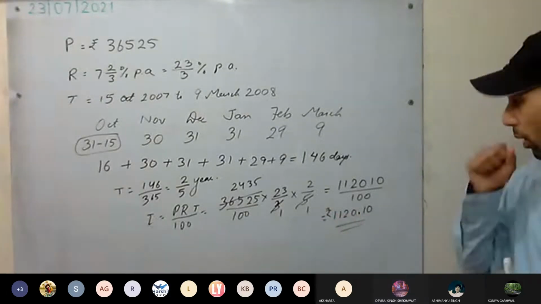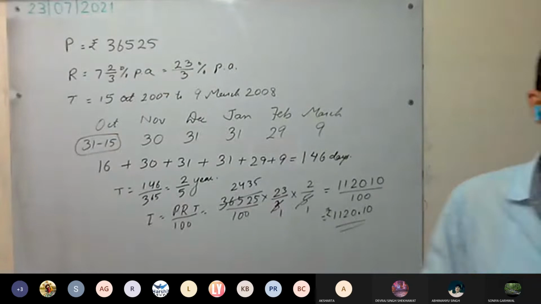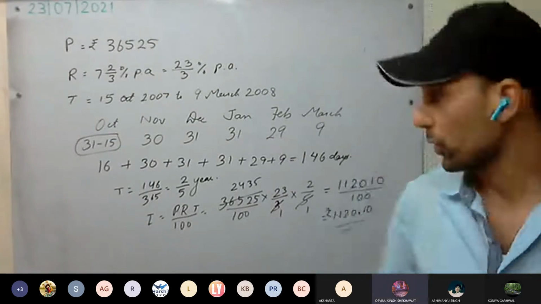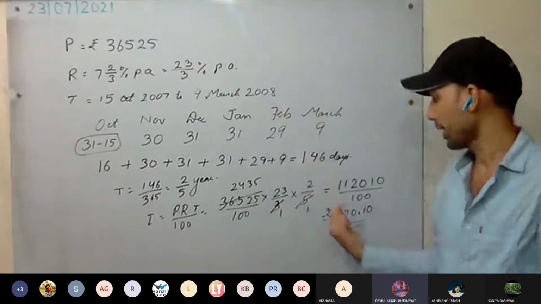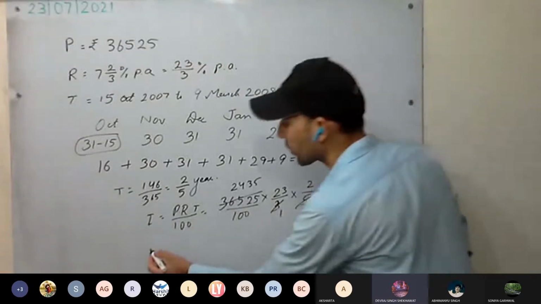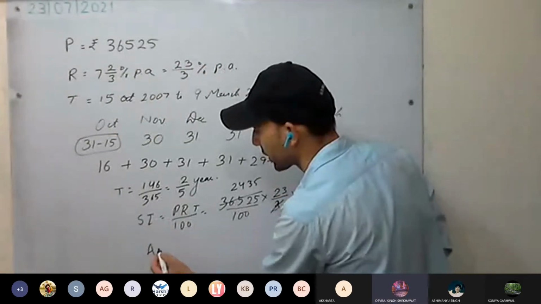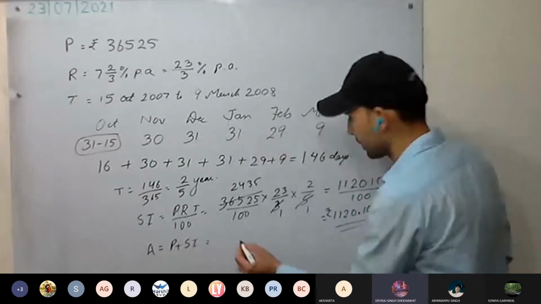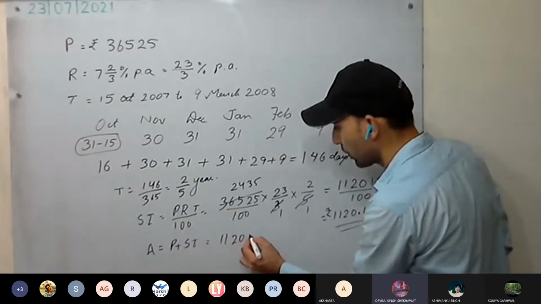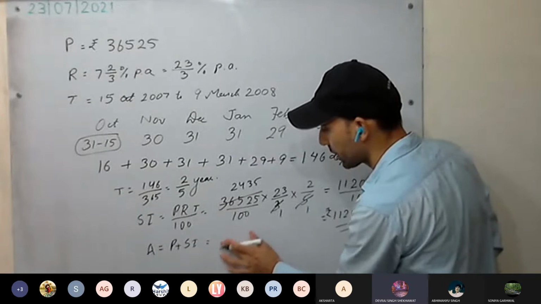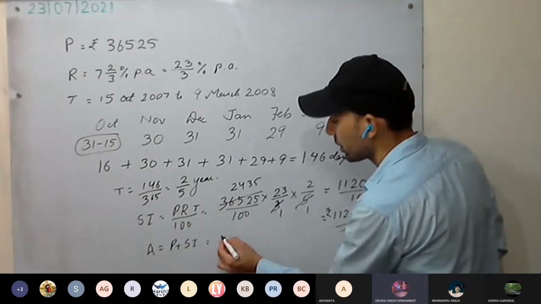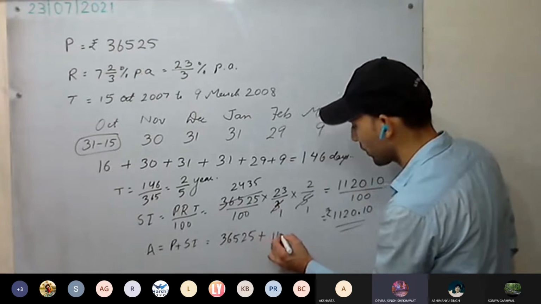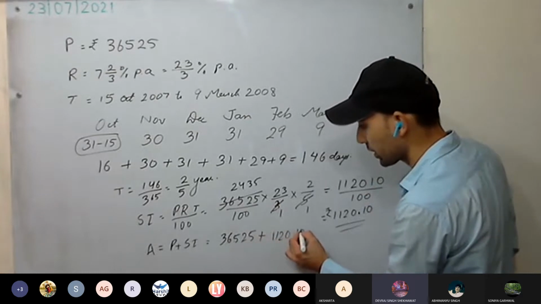Now what do we have to calculate? How much would this amount to? So calculate the amount, add this and this. Amount equals principal plus simple interest. First the principal we write, 36,525, plus 1120.10.